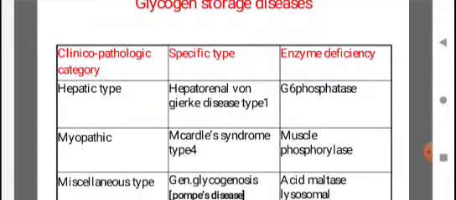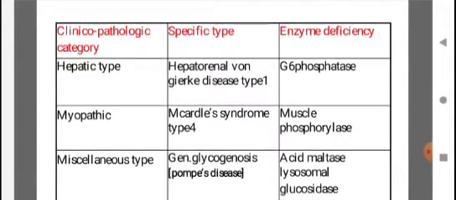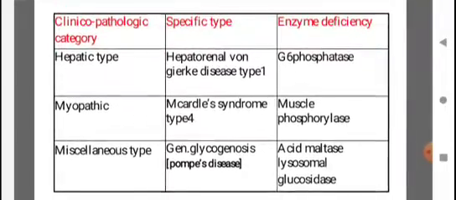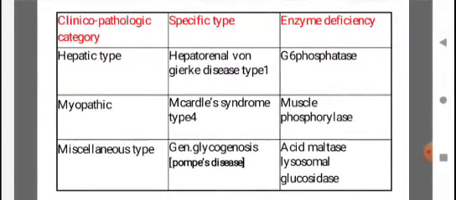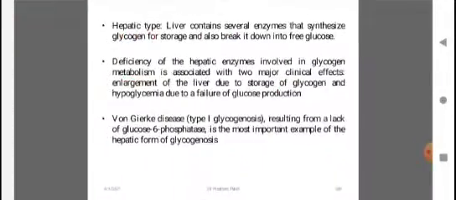In the hepatic type, the enzyme deficient is glucose 6-phosphatase. In the myopathic form, the enzyme deficient is muscle phosphorylase, and in the miscellaneous type, deficiency of acid maltase and lysosomal glucosidase. So these are the various enzyme deficiencies which lead to either hepatic, myopathic, or miscellaneous types of glycogen storage diseases.